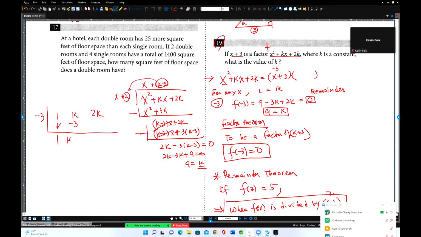So k minus 3. Then negative 3 times k minus 3. When you add this, that is the remainder. But to be a factor, the remainder should be 0, right? So 2k minus 3k plus 9 equals 0. Still, k equals 9. You can use synthetic division too, if you know this one, okay?